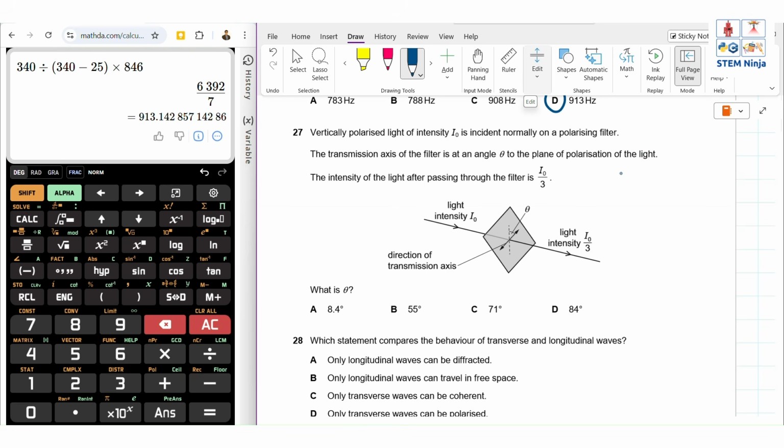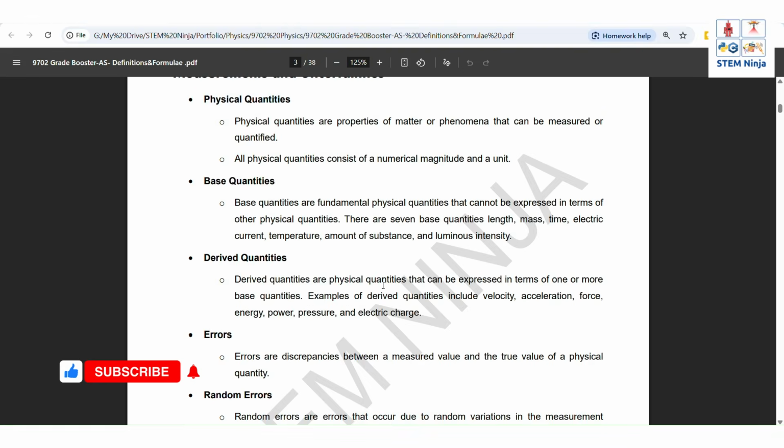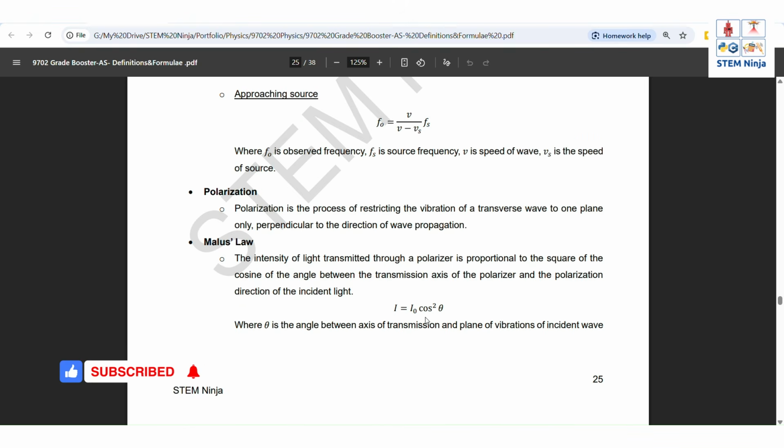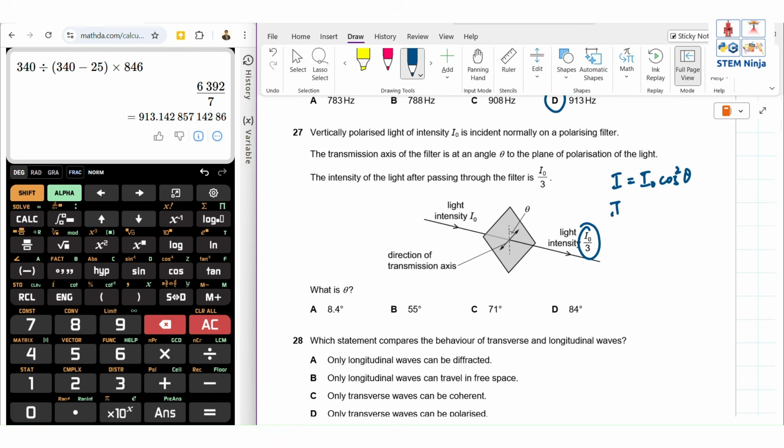Okay, so we know that in the Malus law, I equals I naught cos squared theta. So I is now I naught over 3, and I naught cos squared theta.